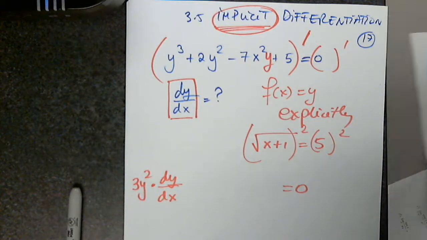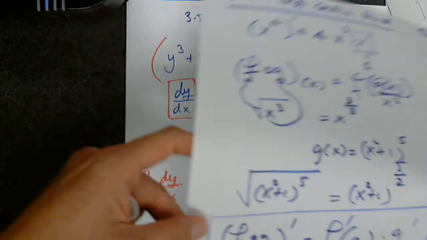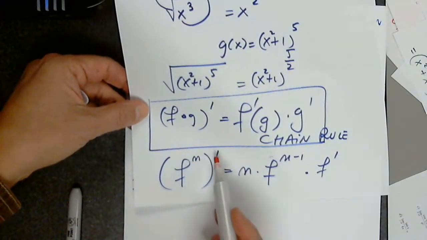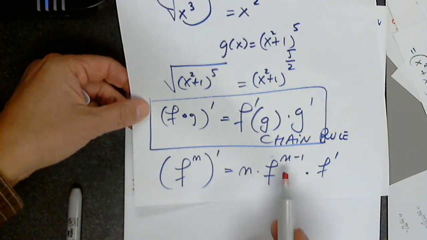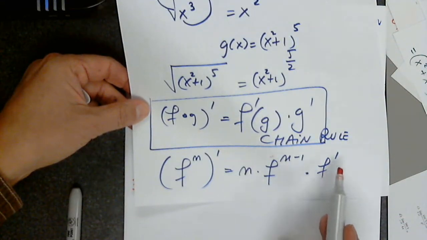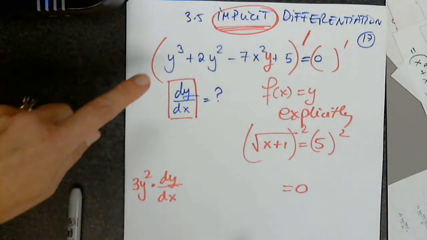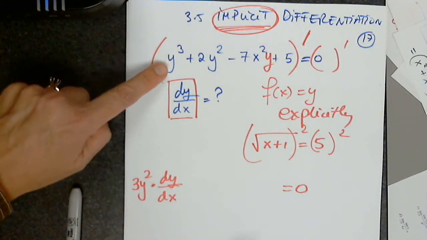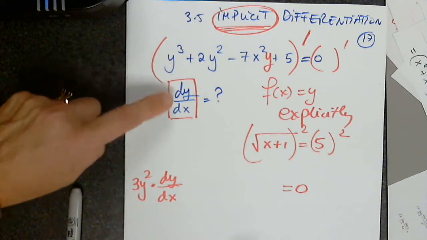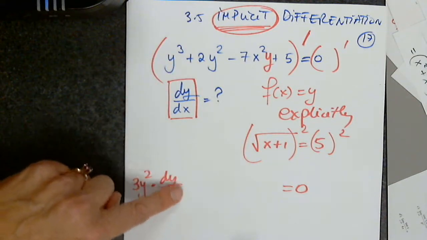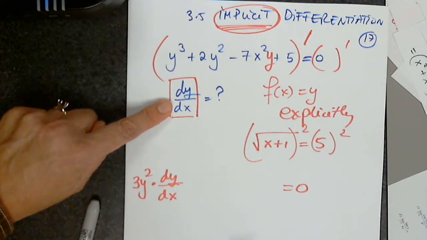Yes, I found it. Y to the third prime is 3 y to 2 minus 1 times y prime. 3 y to the second power times y prime. Instead of writing y prime, I choose this notation.